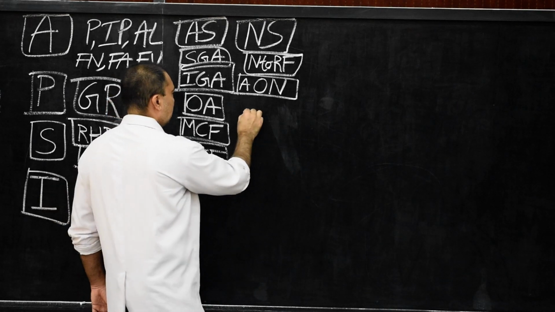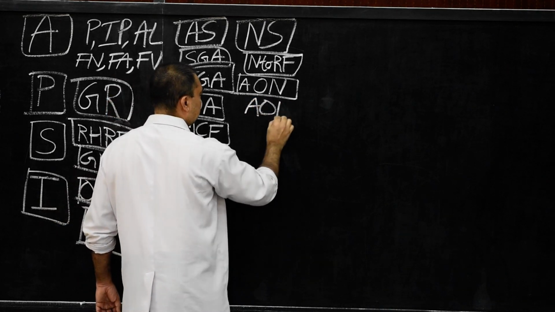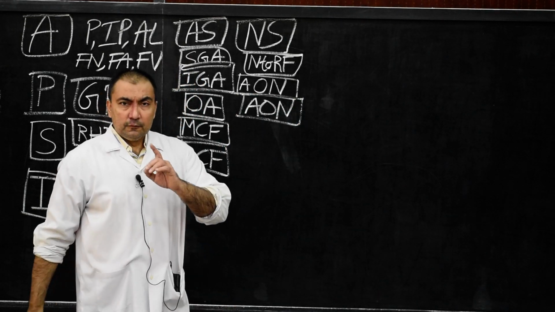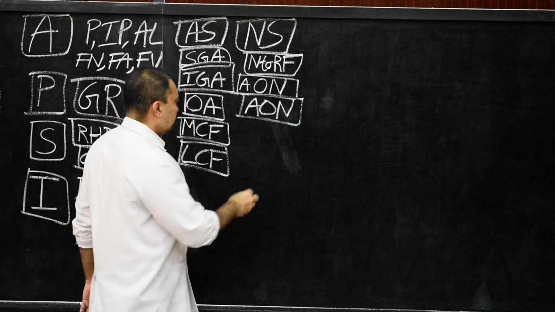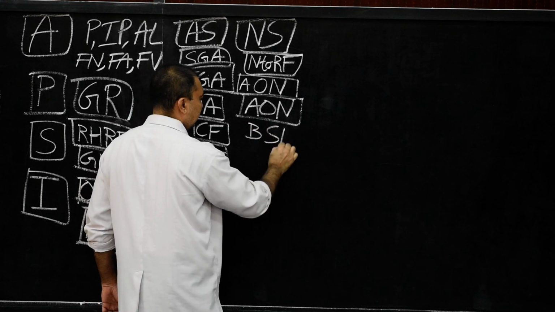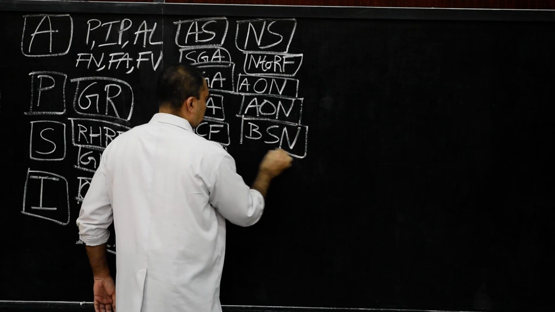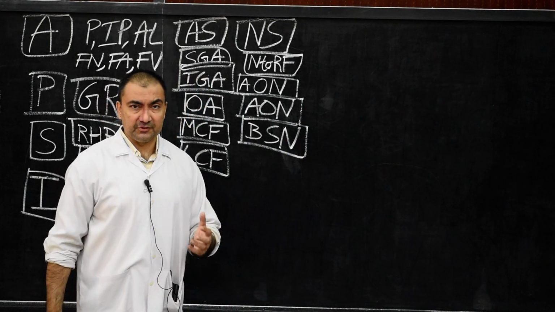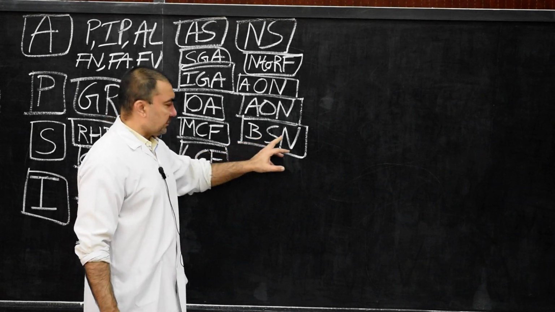Third will be accessory obturator nerve. Fourth will be posteriorly, that is branch of sciatic nerve, or sciatic nerve, whatever you can pronounce. So this is the fourth one, branch of sciatic nerve.